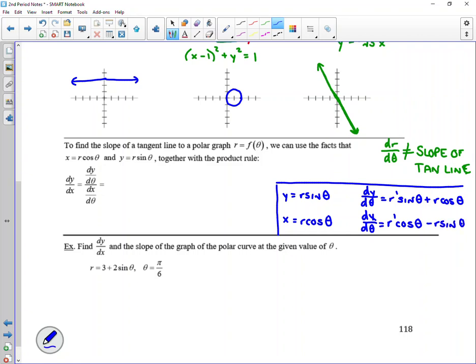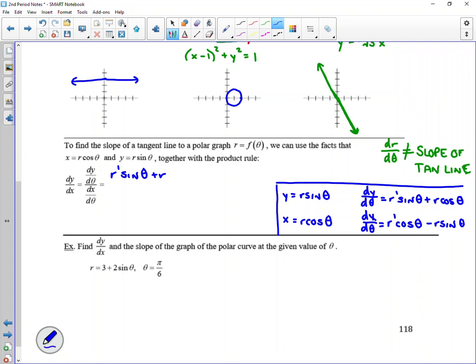So that the minus is in the middle for the dx d theta. Okay? And then that's what this would be.